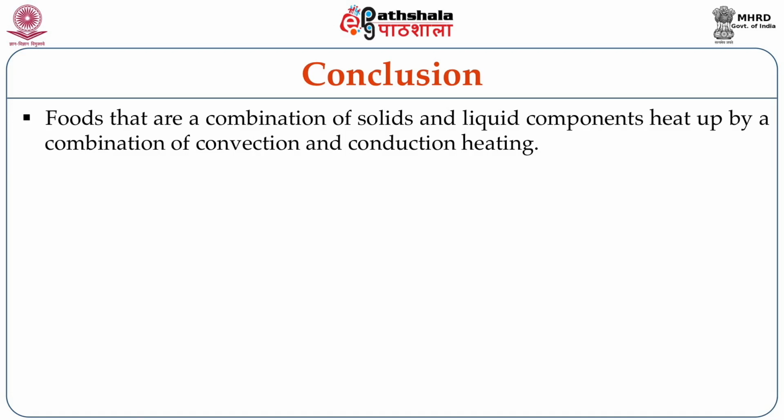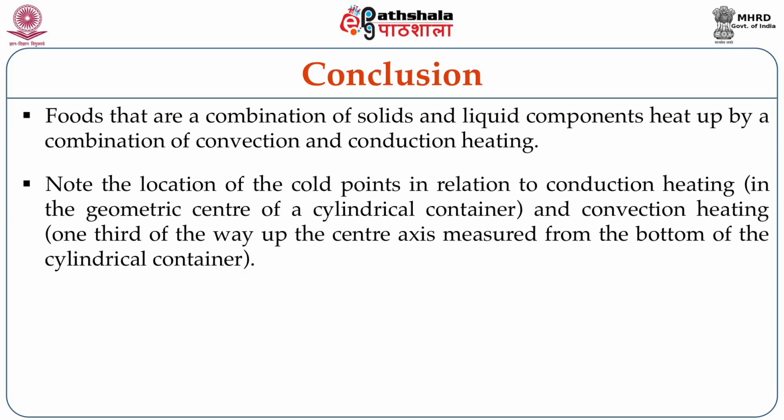Let us first try to see the conduction heating. The location of cold points in relation to conduction heating has to be taken into consideration in the geometric center of a cylindrical container, whereas convection heating has to take into consideration 1/3 of the way up the center axis, which is measured from the bottom of the cylindrical container.